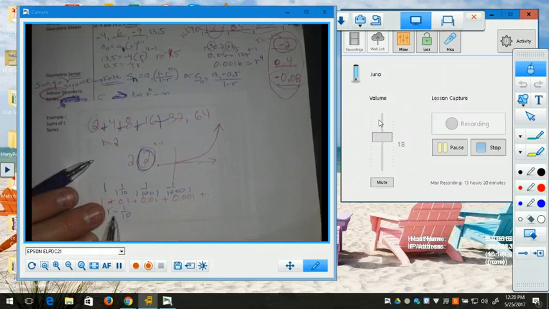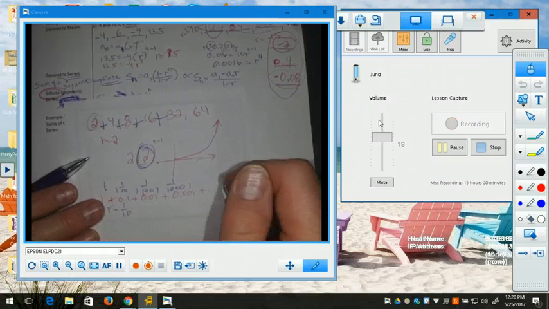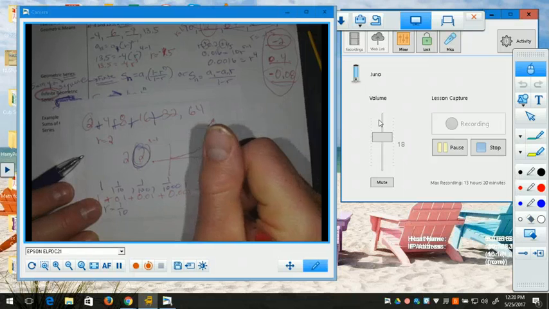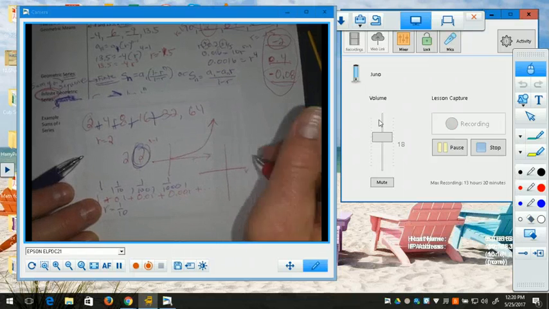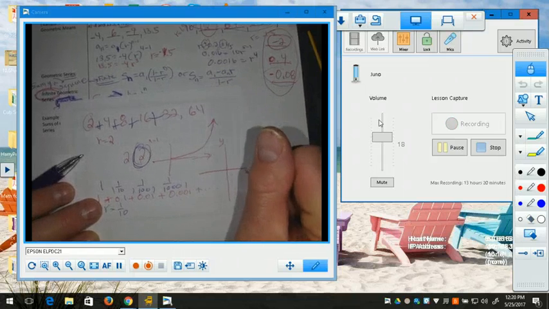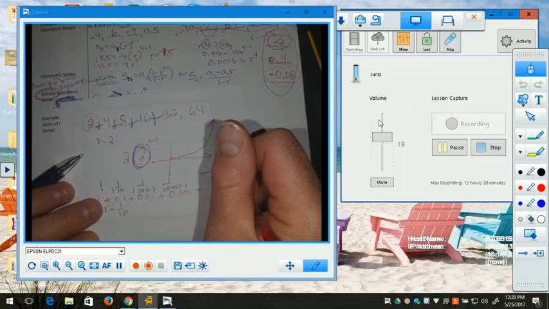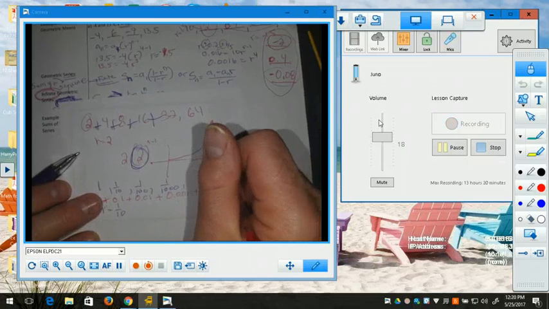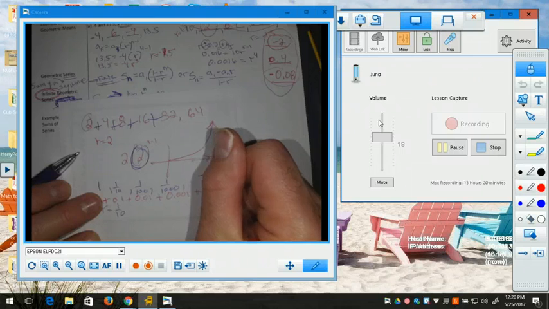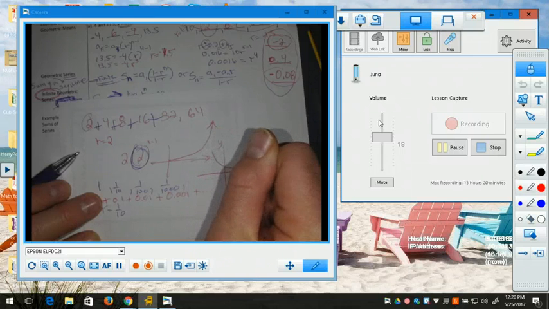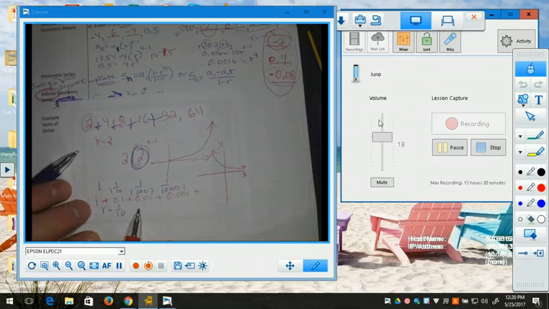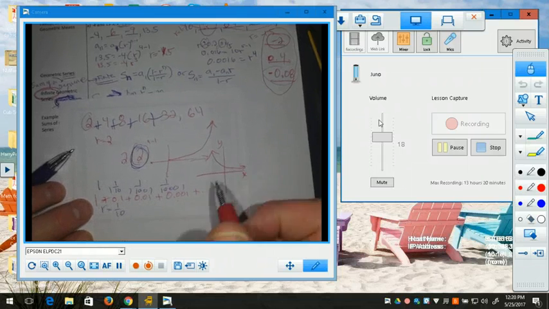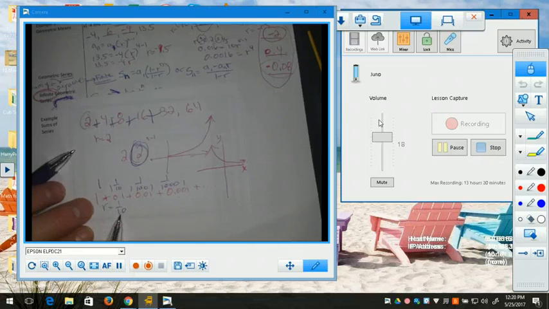And if you think about this as an exponential function with a fractional base, going back again to your understanding from the first semester and from Algebra 2, an exponential function with a value of r that's less than 1.